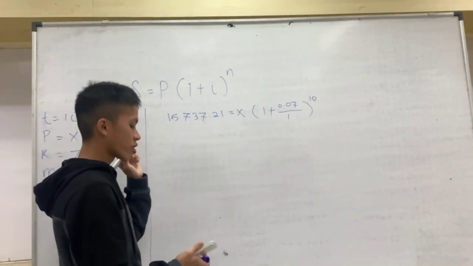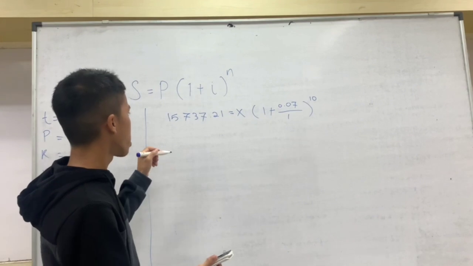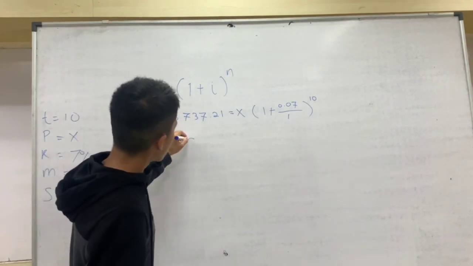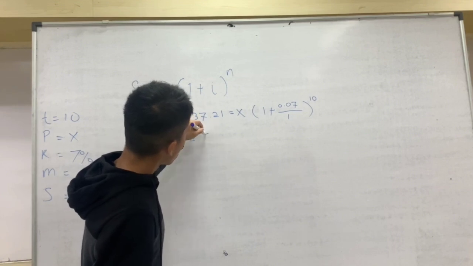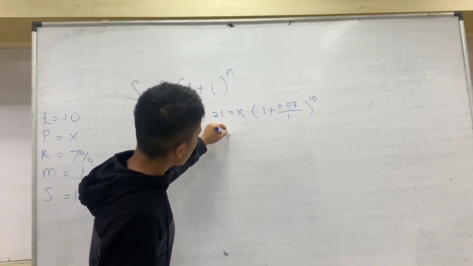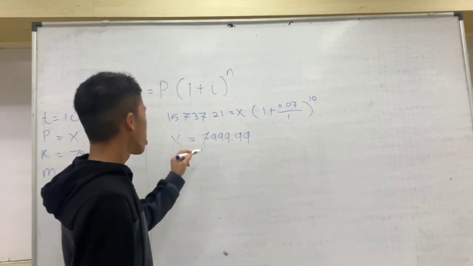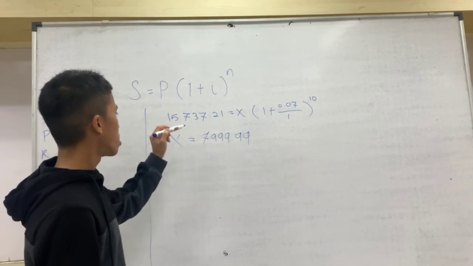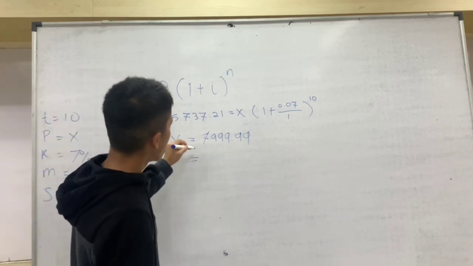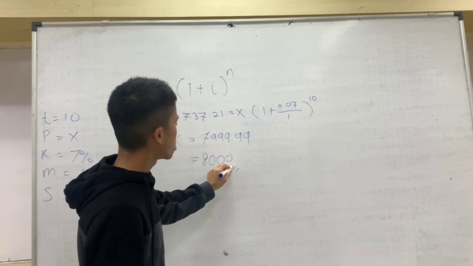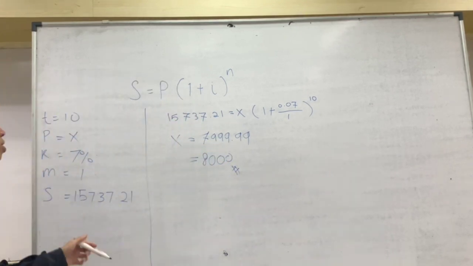So after I calculate in my calculator, the answer is S equal 7999.99, and I will round this answer and it will become 8,000. So this is the answer for the first question.